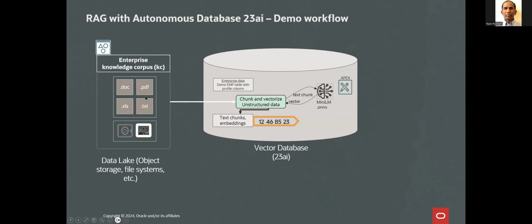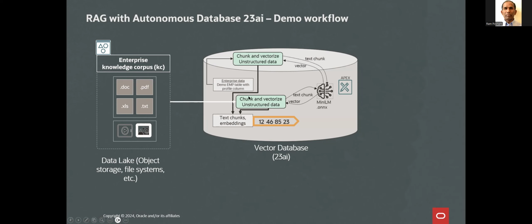So as part of this process, we are going to take these documents, create the chunks, and for each chunk, we are going to create a vector representation. And we are going to store the chunks and their vector representation in a table. I call it a metadata table. That's what we're going to have here.